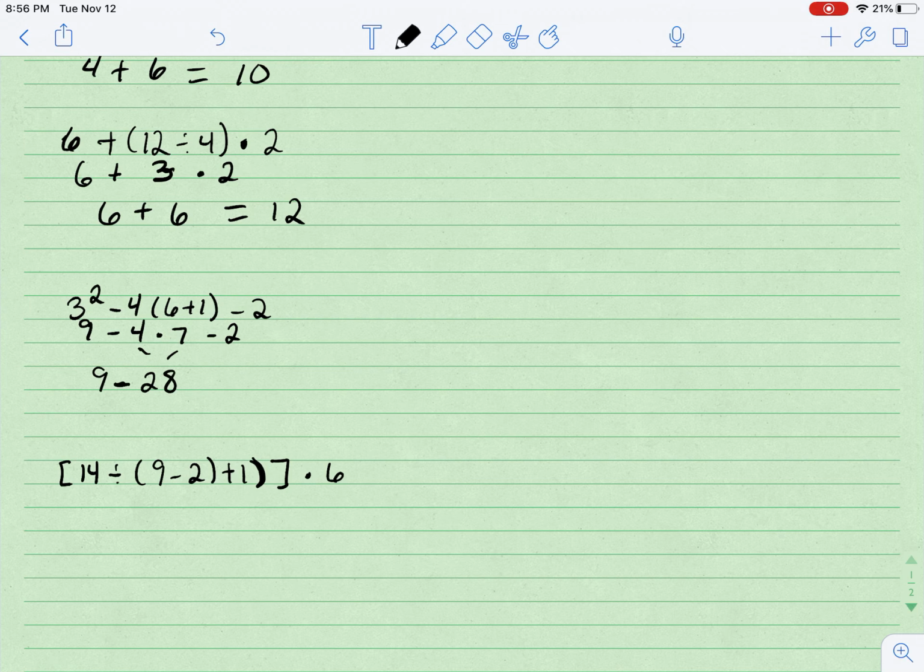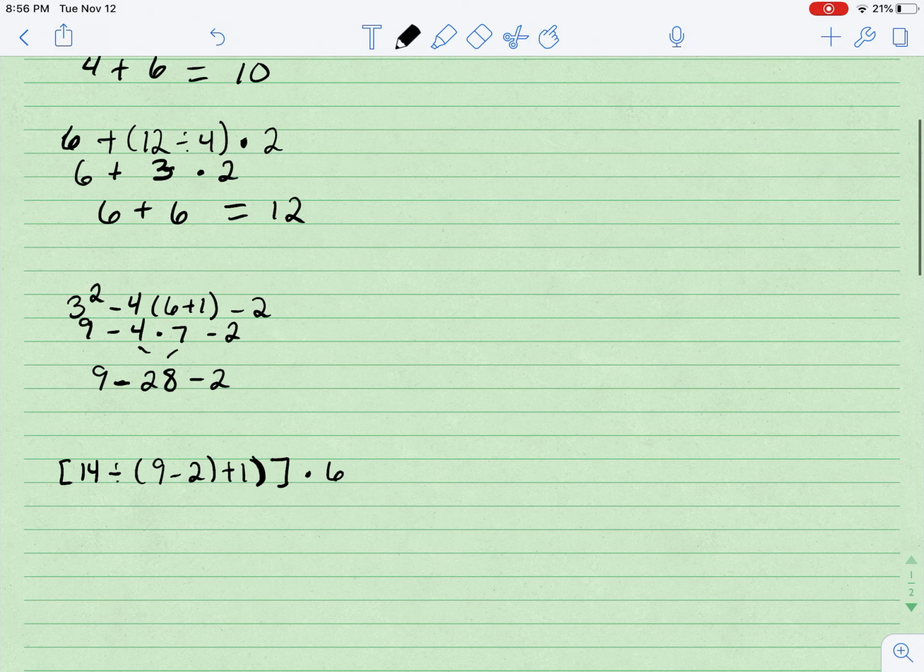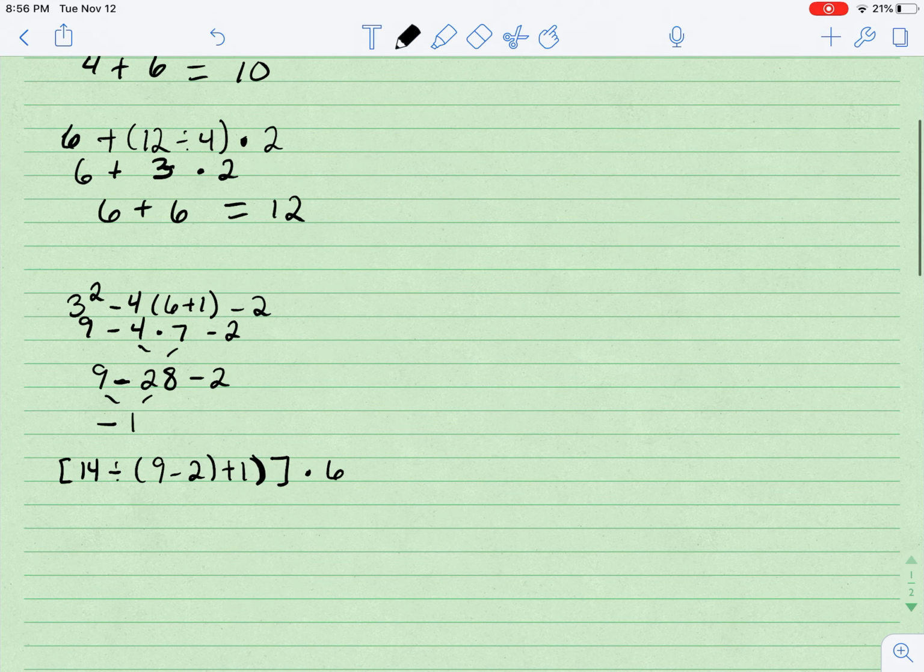Now we have 9 minus 28 minus 2. So 9 minus 28, this becomes a negative, oops, not 30, going the wrong way. A negative 19 minus 2.